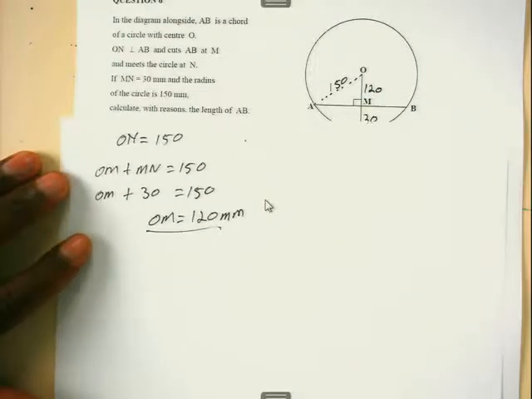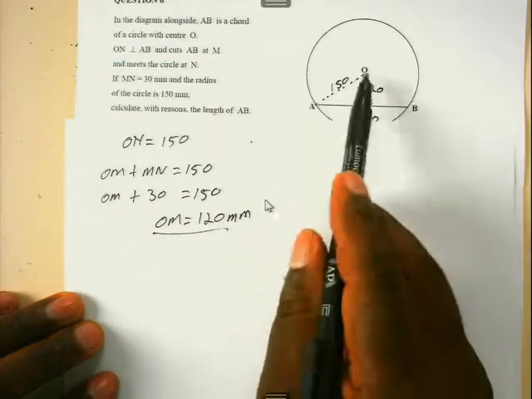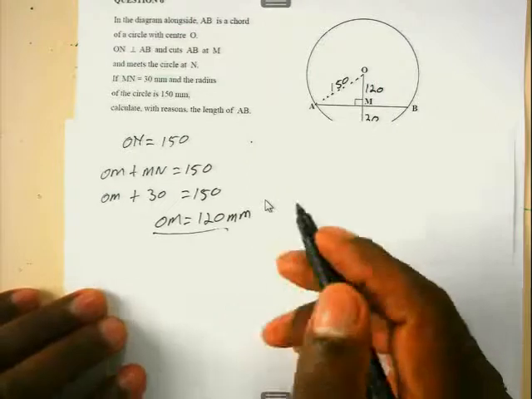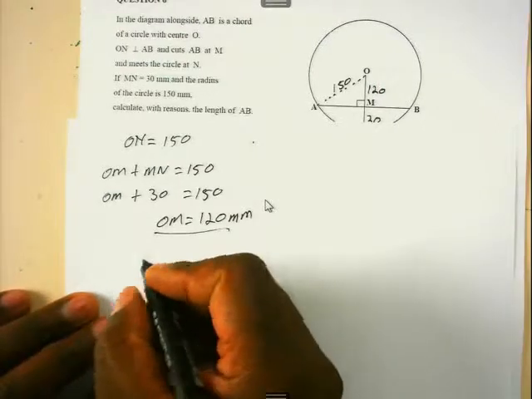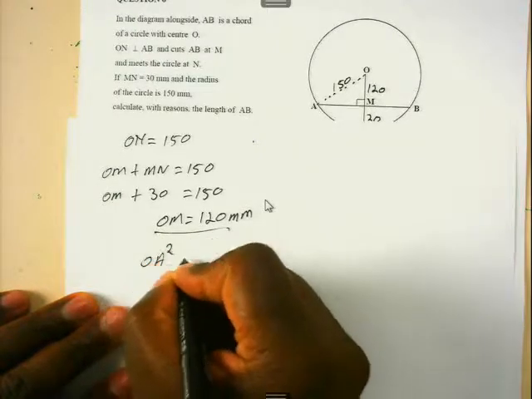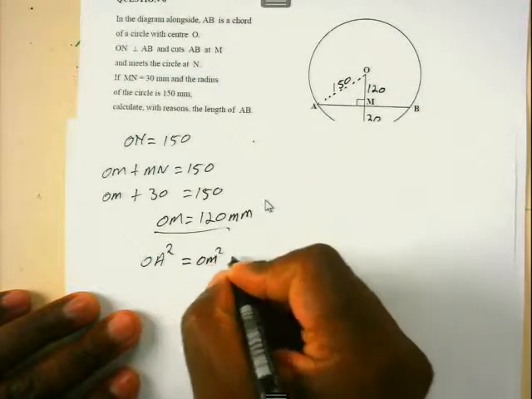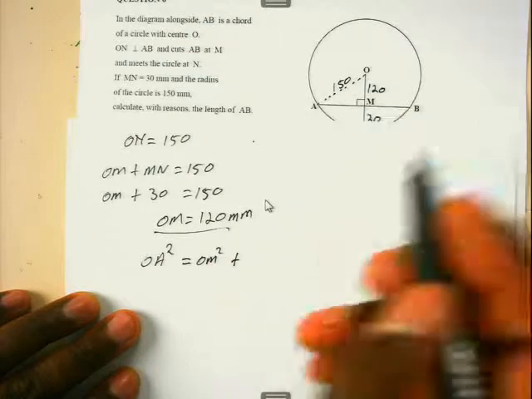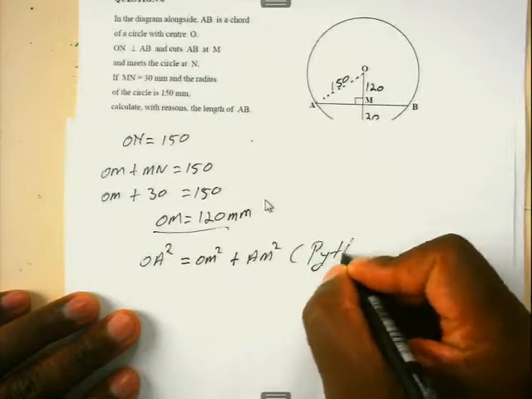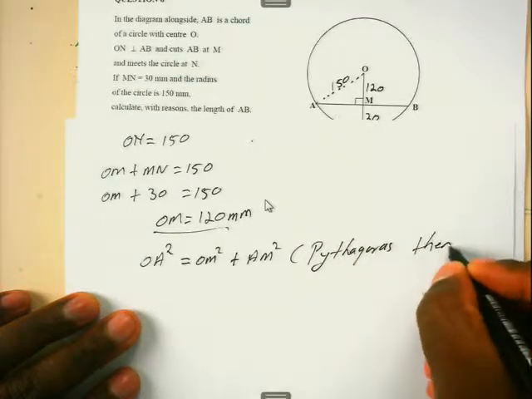We want to calculate with reasons the length of AB. Now that we've got OM as 120, it's easy for us to calculate AM. According to Pythagoras' theorem, OA squared is equal to OM squared plus AM squared.